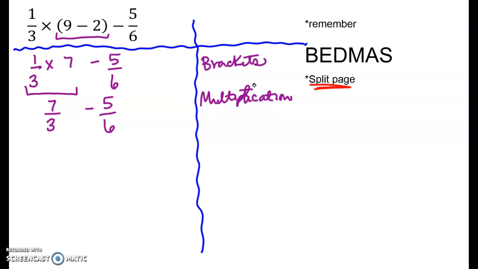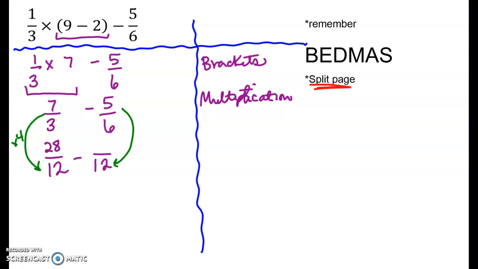Now we look to do the addition and subtraction. We need to have a common denominator, and 3 and 6, the lowest denominator or number they both go into would be 12. Okay, 3 times 4 gives us 12, so we need to do 7 times 4, this will be 28.